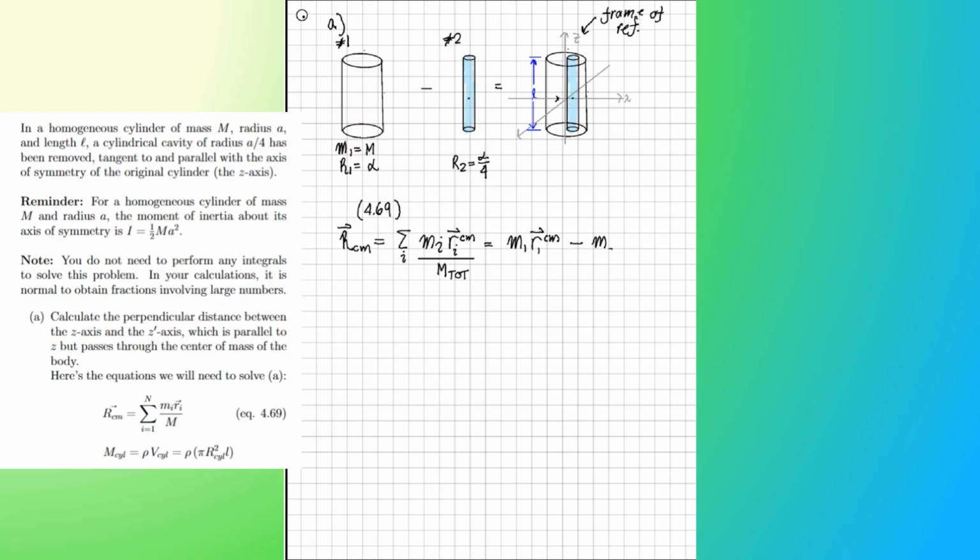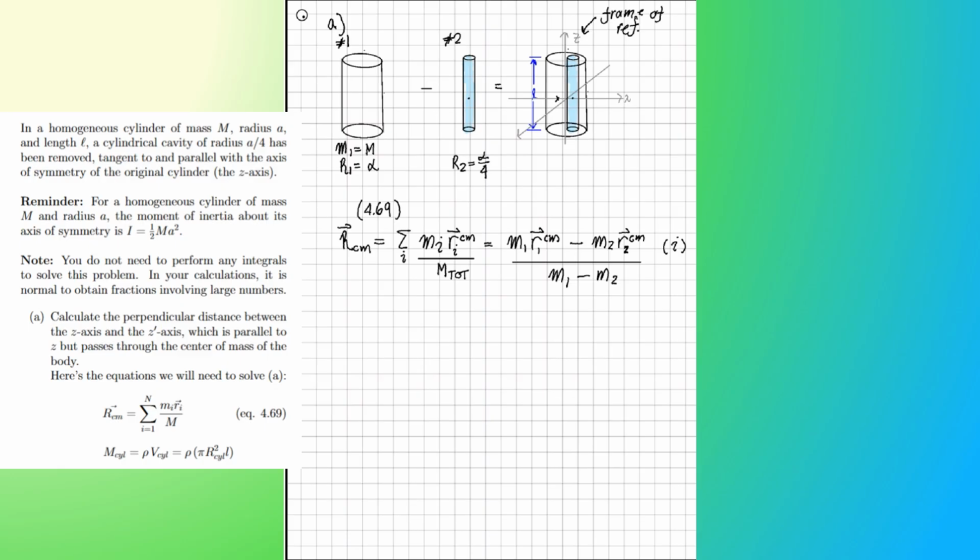Minus m2 multiplied by the vector position of the center of mass of the cavity, divided by the total mass, which is in our case m1 minus, don't forget we are removing a portion of the initial cylinder, so minus m2. So let's call this equation number 1.